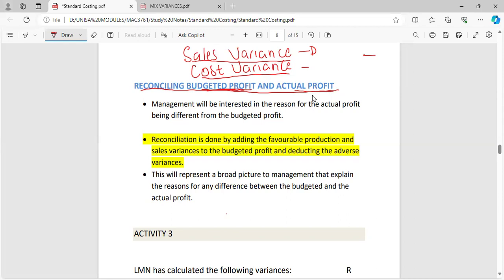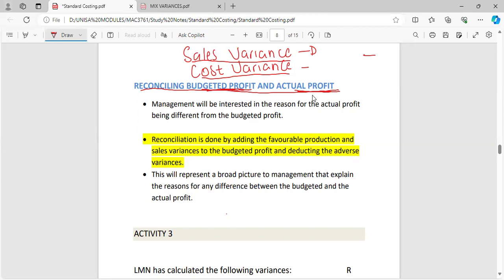So that's basically what you will be doing if the question requires you to reconcile budgeted profit and actual profit. You just go to the calculated variances, then you look at sales variances first. If a sales variance is a favorable one, then it means it's going to increase this budgeted profit.